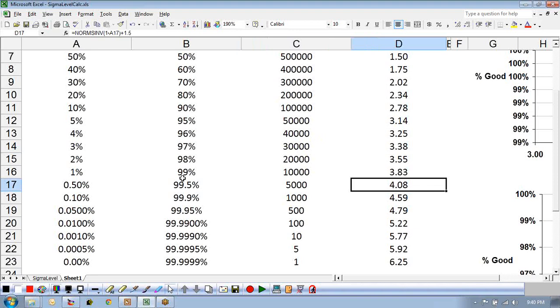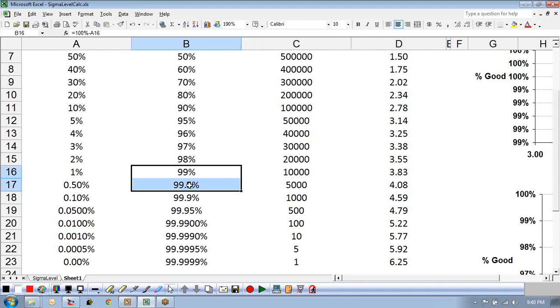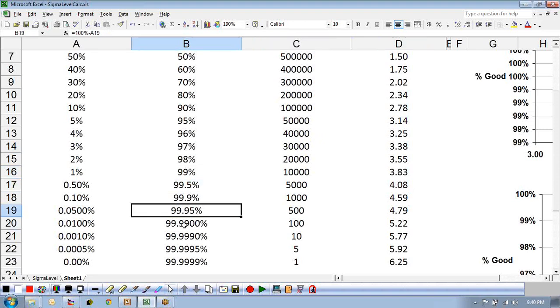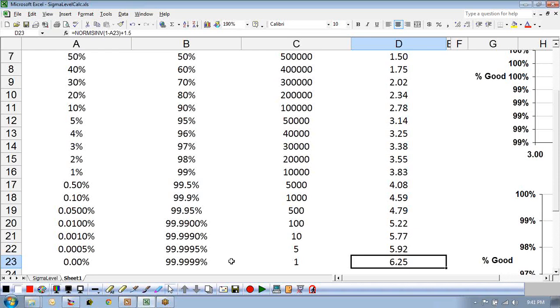Here's the sigma level: a sigma level 4 is somewhere between 99% and 99.5. Level 5 sigma is like 99.99, 99.98 percent good. So that's pretty awesome. And then a 6 sigma process is like 99.9999% good. So it's really pushing the level.